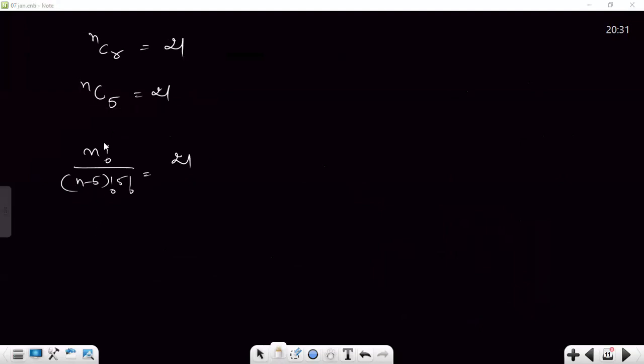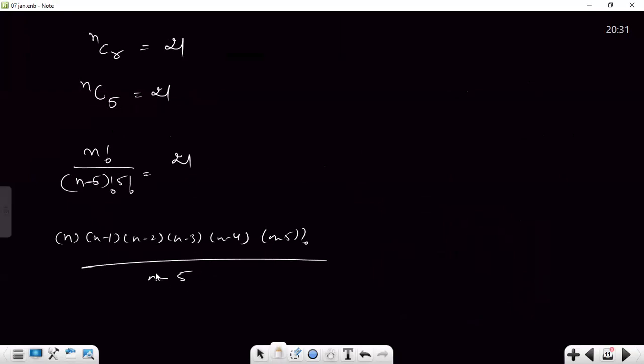So it's going to cancel. Expand n, n minus 1, n minus 2, n minus 3, n minus 4. n minus 5 factorial gets cancelled with the denominator. And let's write 5 factorial to the right-hand side, getting multiplied with 21. 5 factorial is 120, so that's why I have written the same. Let's cancel this. Clear?